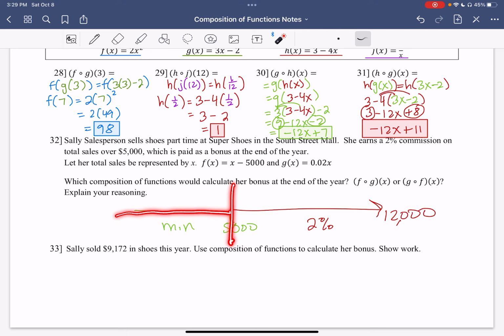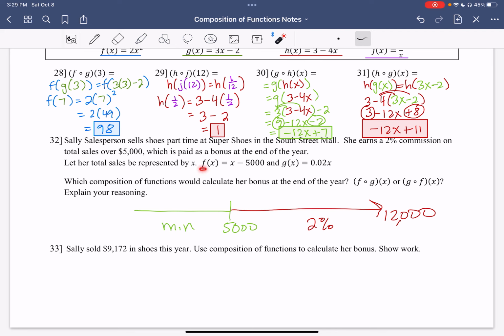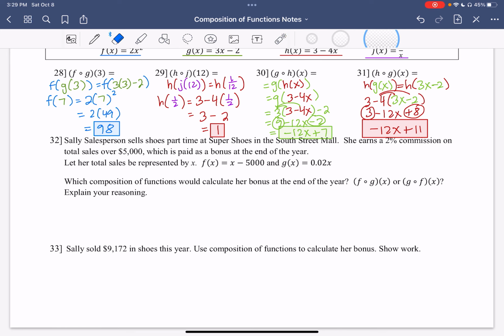Okay, so in order to figure out what is going to have the 2% commission, first you got to figure out how much did she sell, subtract it from the 5,000, so we can get rid of this because this is not going to have the bonus. And after you figure out the value of this, then you're going to apply the 2%. So the first thing you need to figure out is how much money is over the 5,000. And then you're going to apply the 2%. So for that reason, the final answer would have to be g of f of x.